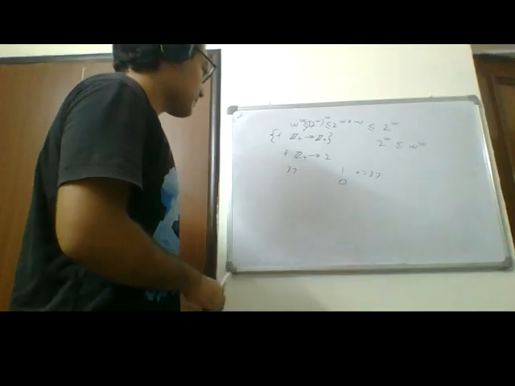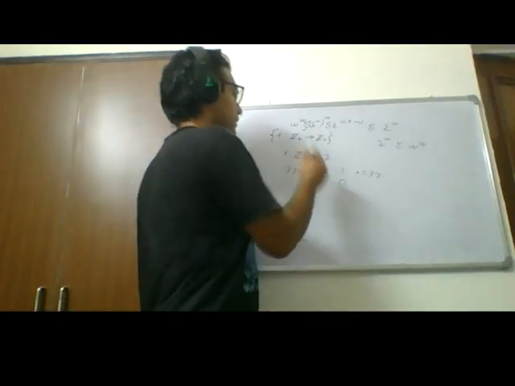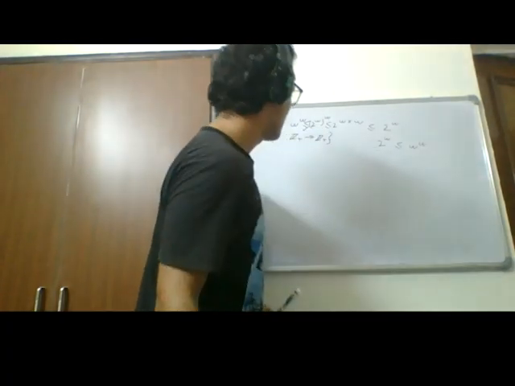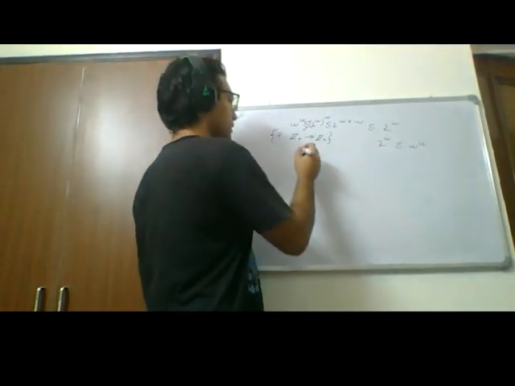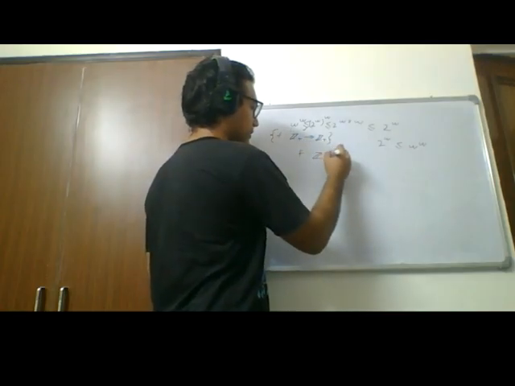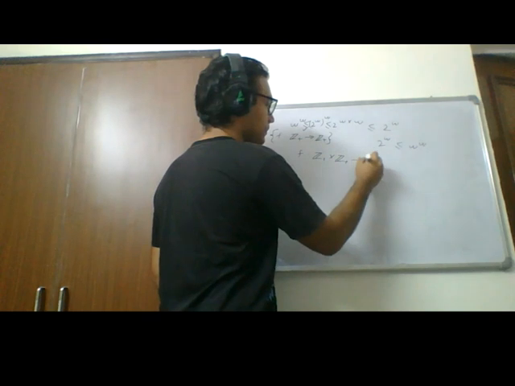Okay. Now for this one, for any arbitrary function, we have a function from Z cross Z to 2, right?